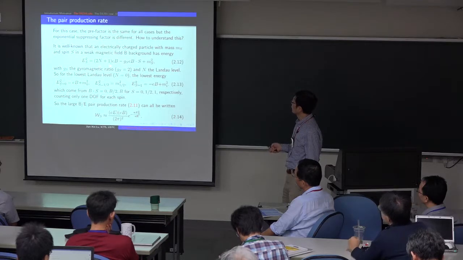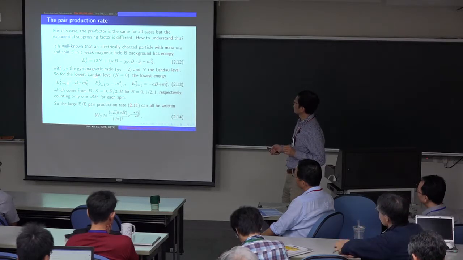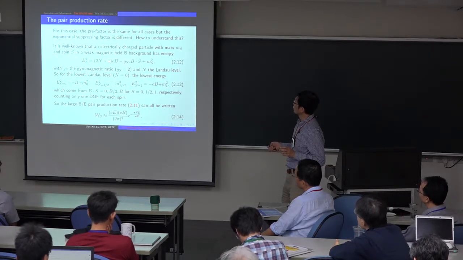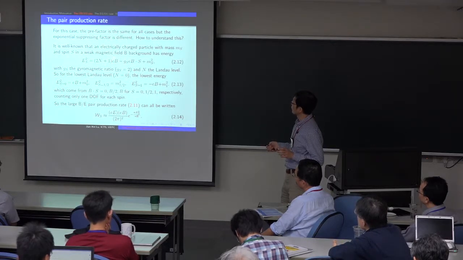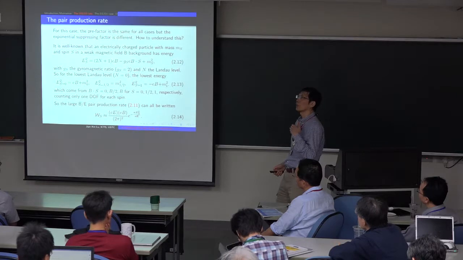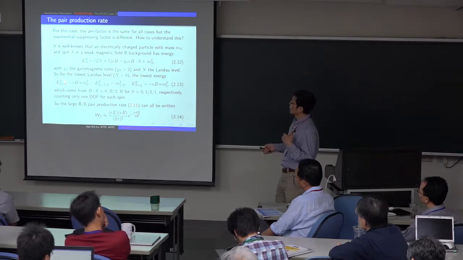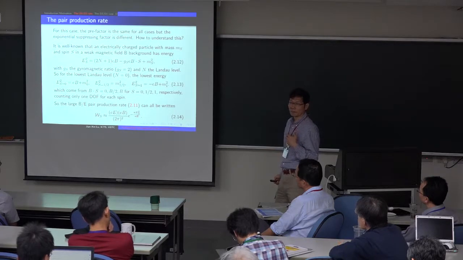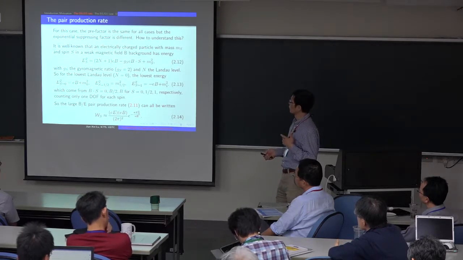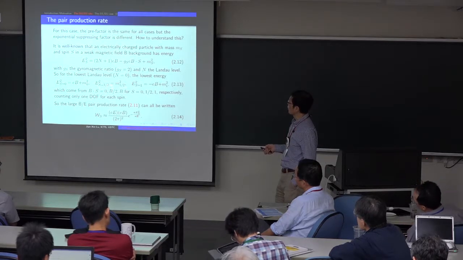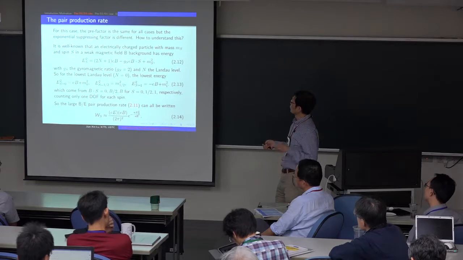So for example, for spin zero, we don't have this. So only for the lowest Landau level do we have a contribution. That means that if you turn on an electromagnetic field, its rest energy will be lifted up. So that's why we have only 1 degree of freedom for the scalar. That's all we have.